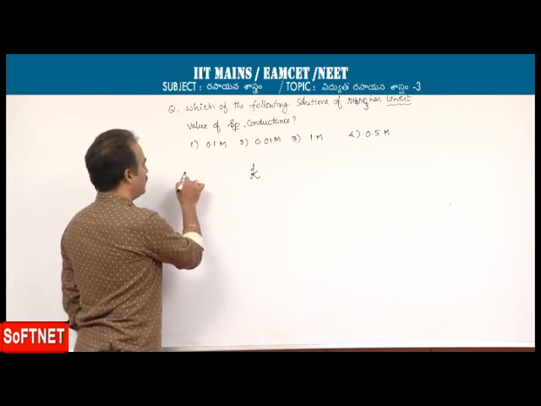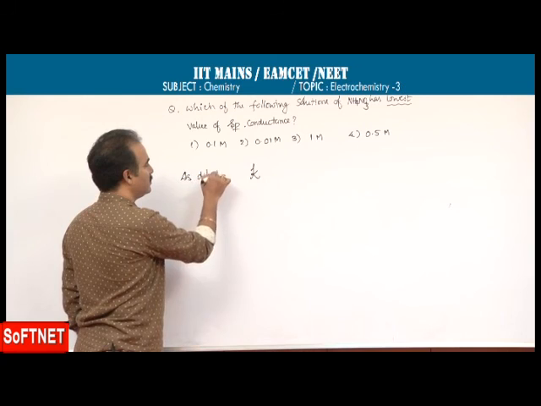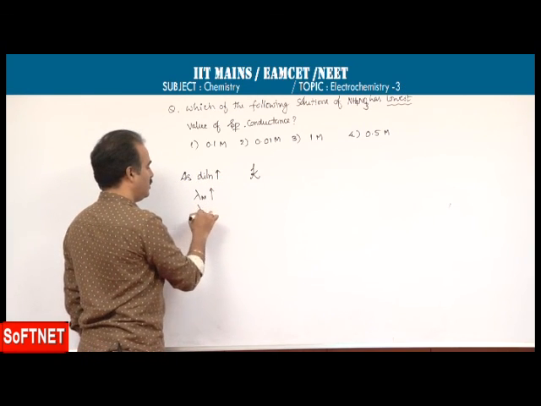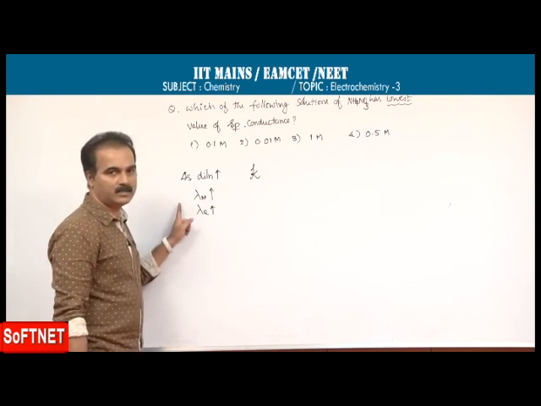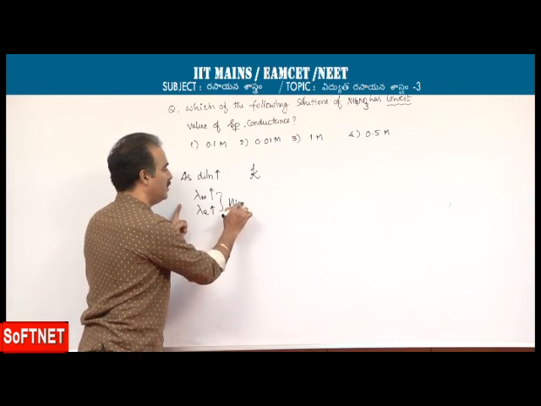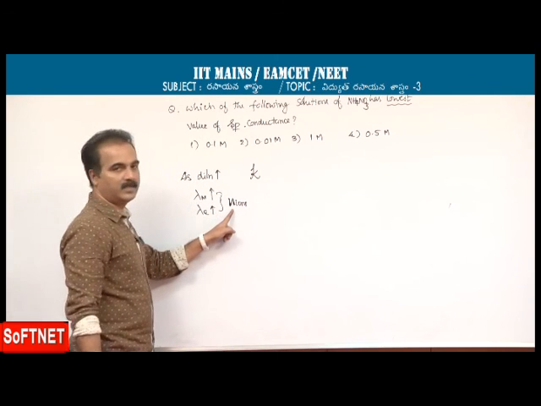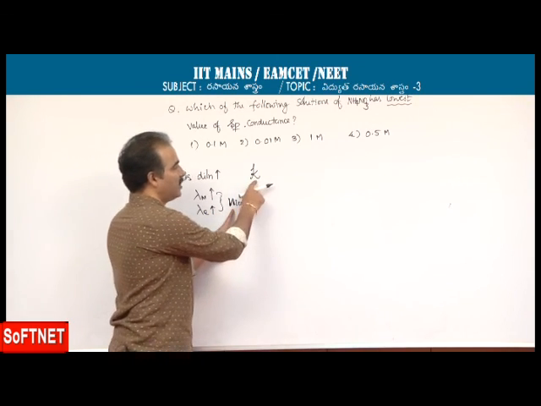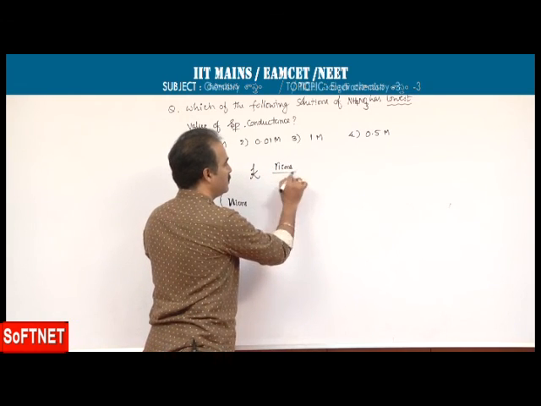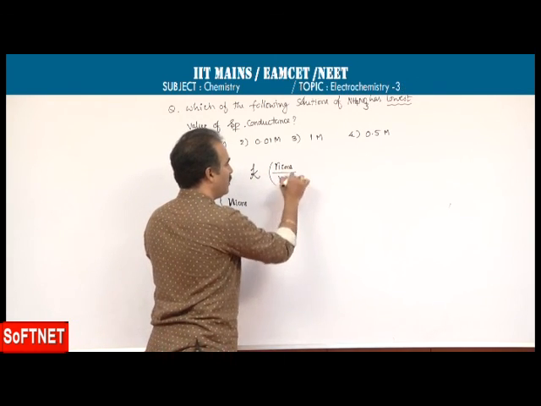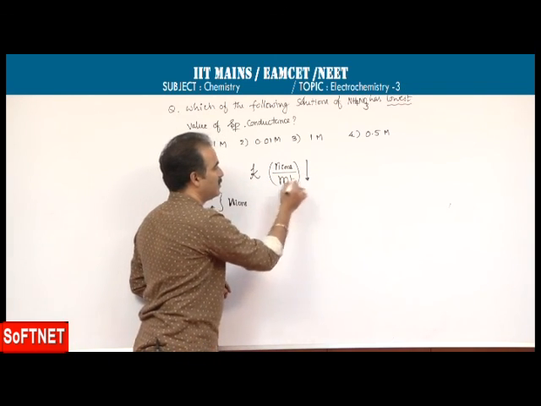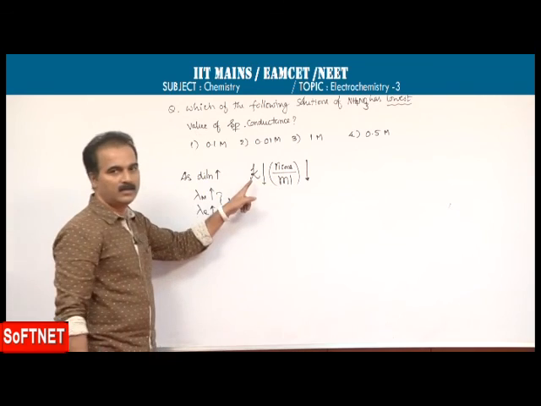We know that as dilution increases, molar conductance and equivalent conductance increase because the number of ions increases due to dilution, whereas for specific conductance, the number of ions though increases, the number of ions per ml decreases. As a result, specific conductance also decreases.